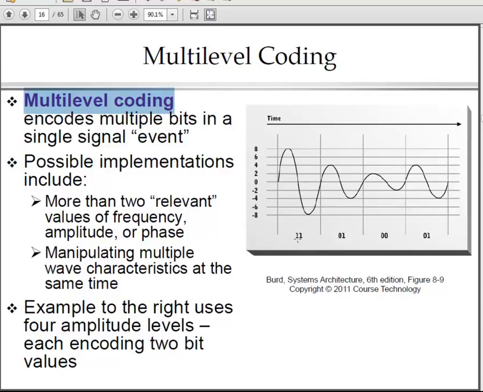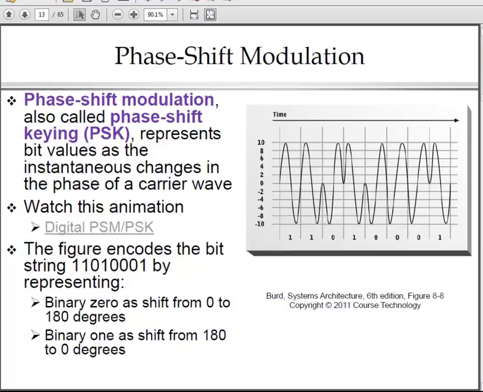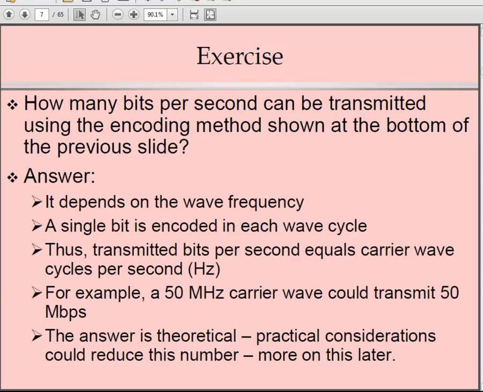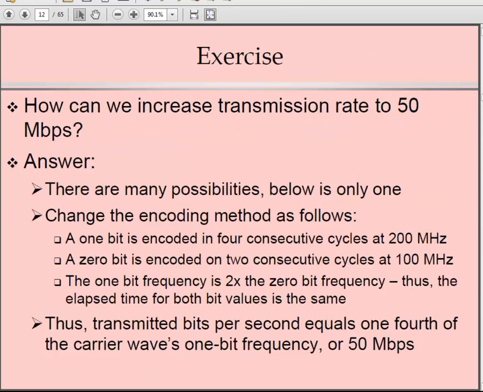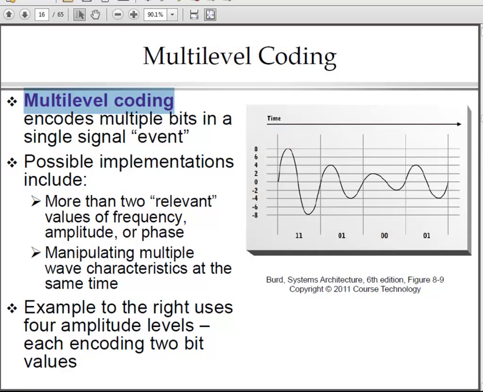Okay, well, let's start simple. Let's say instead of 1 bit value, I'm going to encode 2. Well, back in our earlier example of amplitude modulation, how did we do it here? A 1 bit was 10, and a 0 bit was 1. So 1 volt was a 0, 10 volts was a 1 bit. Let's play with that a bit under multi-level coding to shove a little more data through here. What I'm going to do now is I'm going to have 4 different voltage values, instead of just 2.